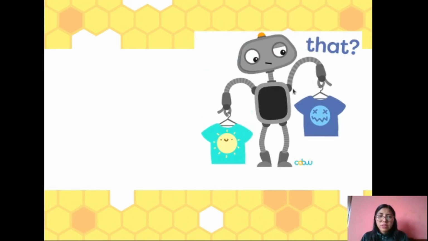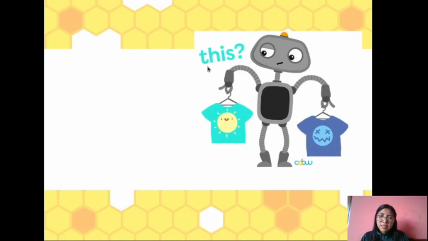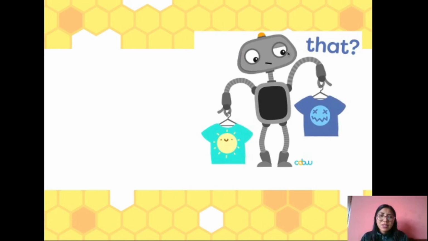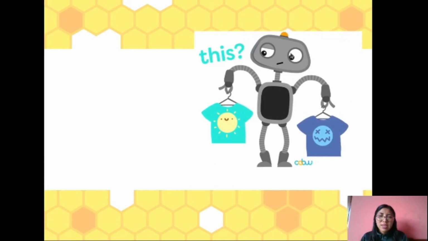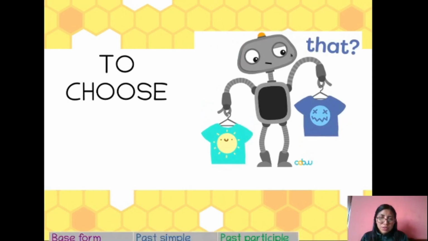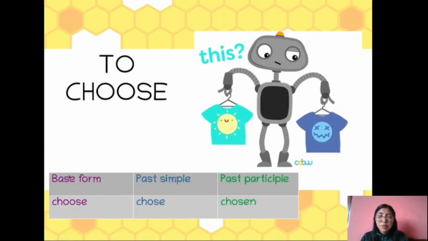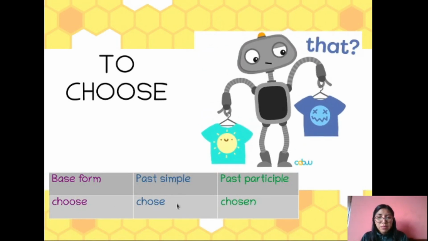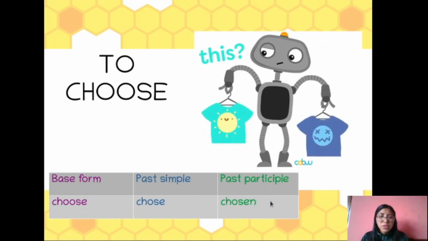Pay attention. This, that. This, that. What is he doing? What is the action? To choose, okay? So pay attention. The base form, choose in present, past simple, chose in past, past participle, chosen, okay?